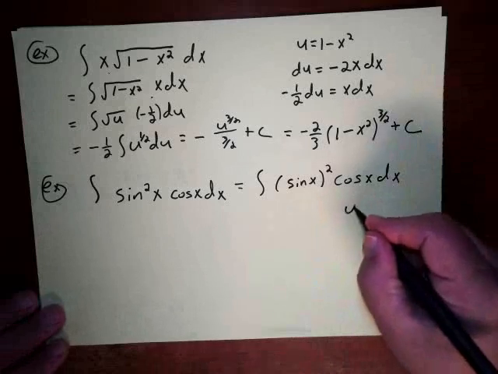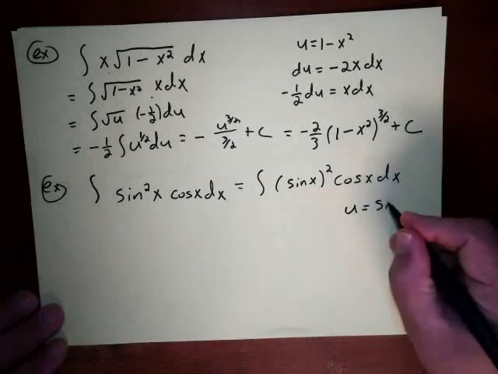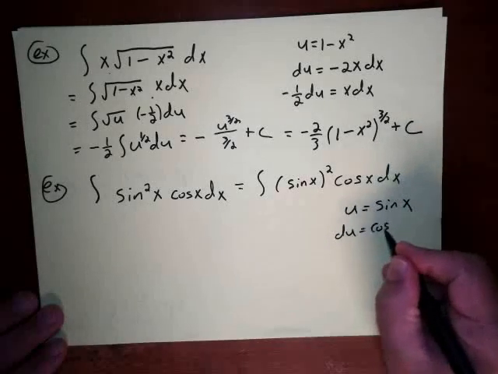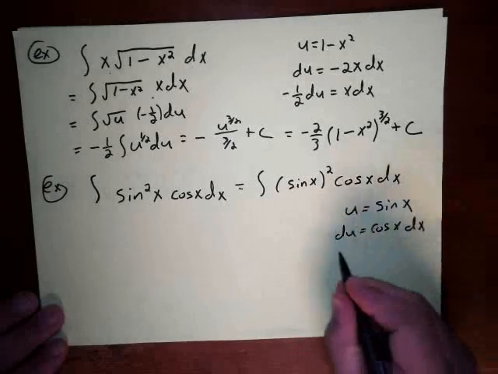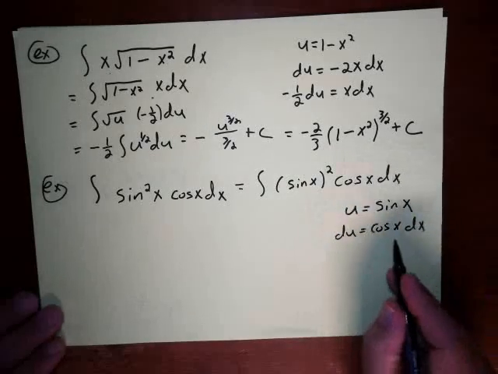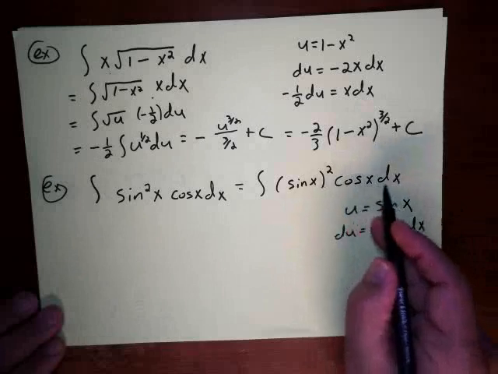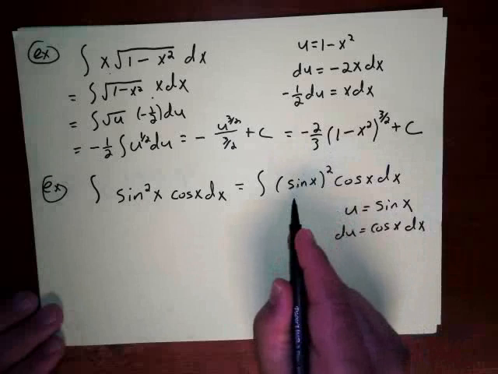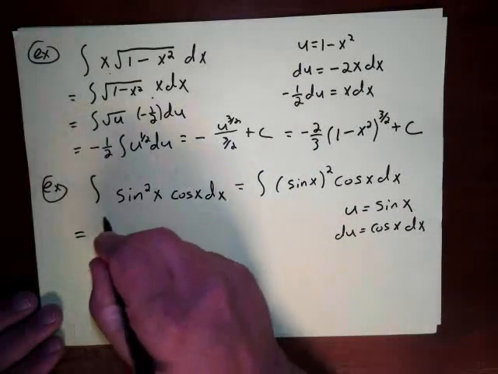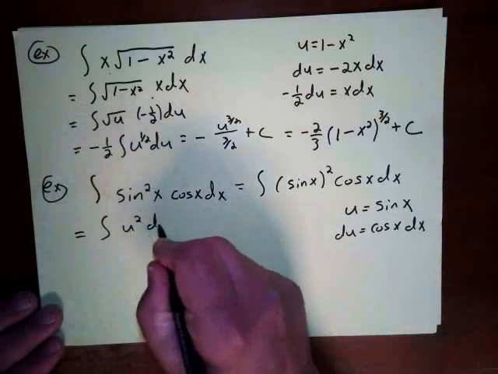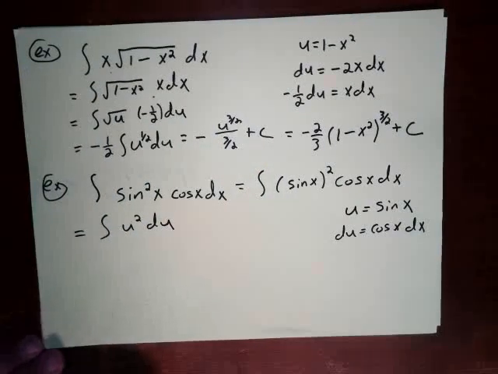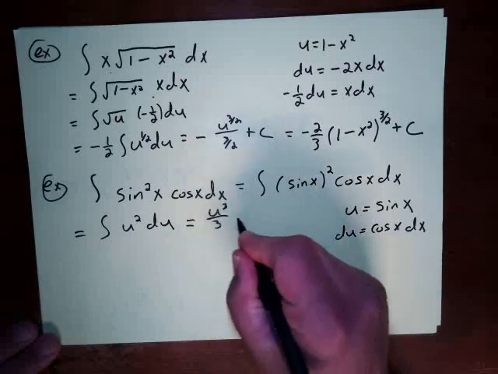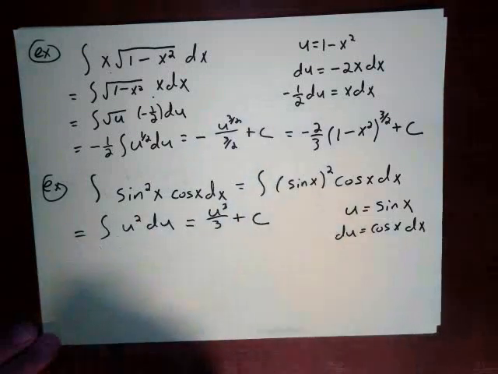So I'm just going to let my u equal sine of x, and then my du would be cosine x times dx. Again, I skipped that step. And there's my substitution, cosine x dx here. I put in du, and then in for sine x here, I put in u. So this thing would just be u squared du. Simplifies down quite nicely. Then I get u cubed over 3 plus c.